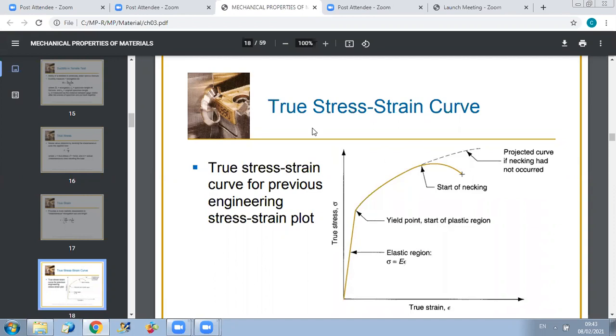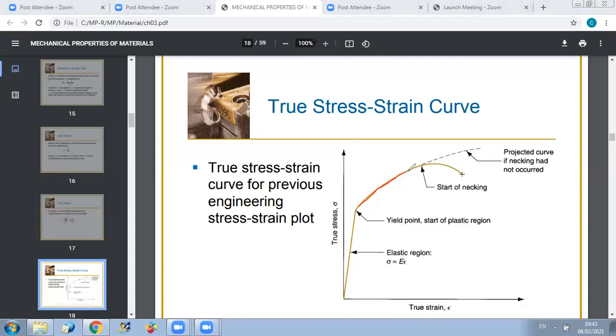Okay, now the importance of the true stress-strain curve is that it allows us to easily find the start of necking. Why? Because we will see together that we can determine the form of the equation in this zone.